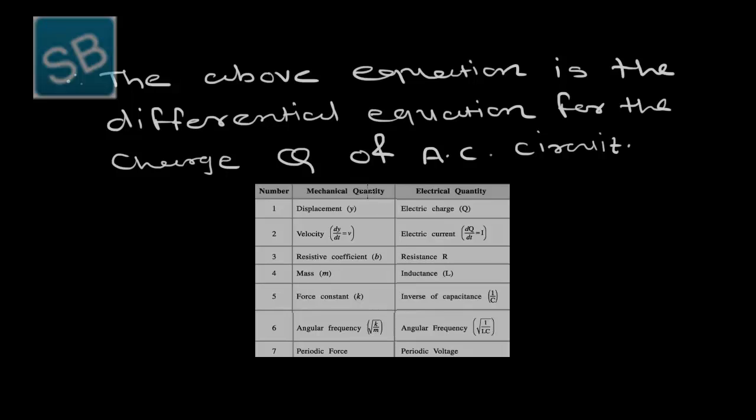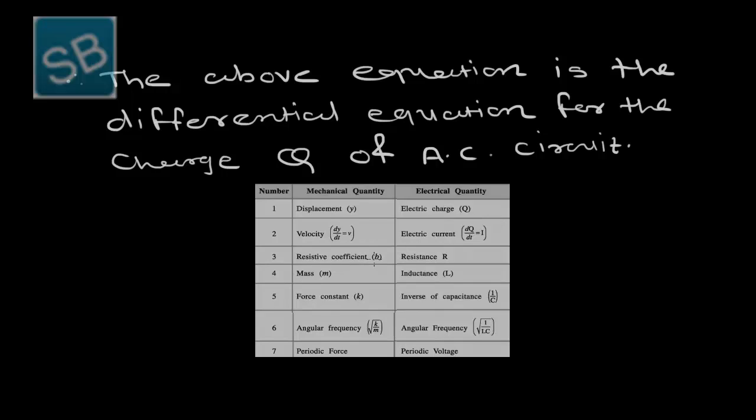So here is the table for mechanical quantity and electrical quantity. Here the mechanical quantity is displacement Y, and correlated to that the electrical quantity is electric charge Q. Similarly, velocity is the mechanical quantity, and here the flow of charge, that is electric current, is the electrical quantity.